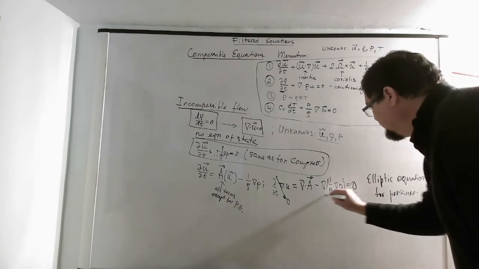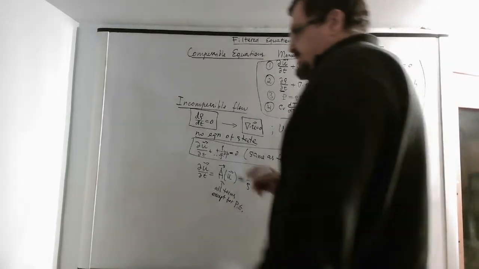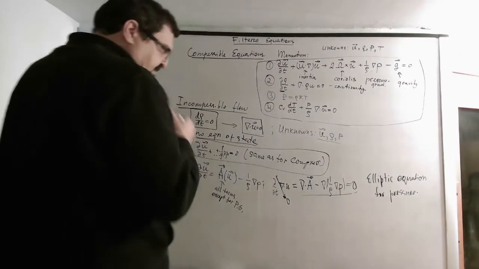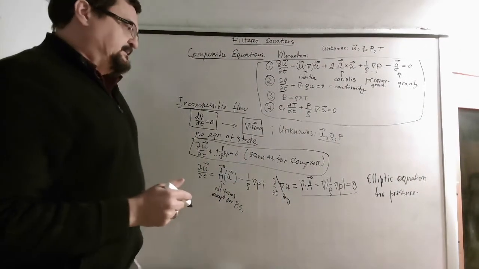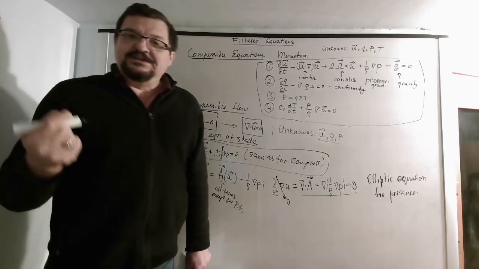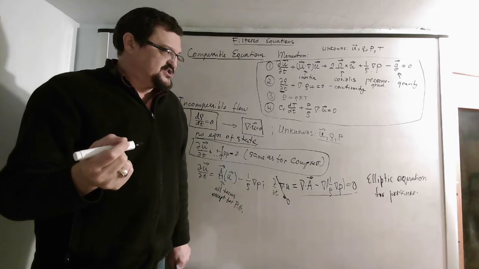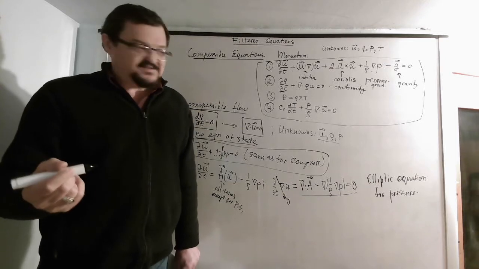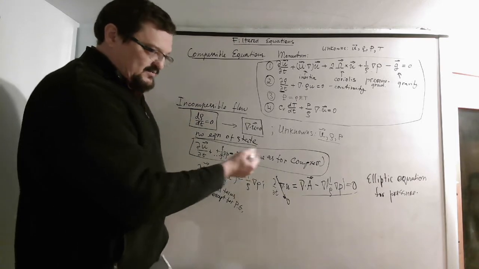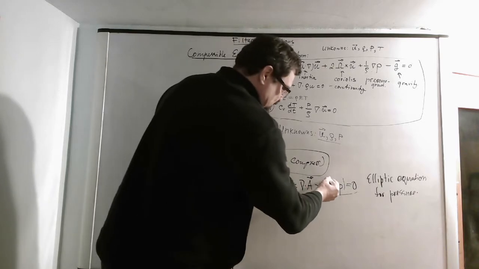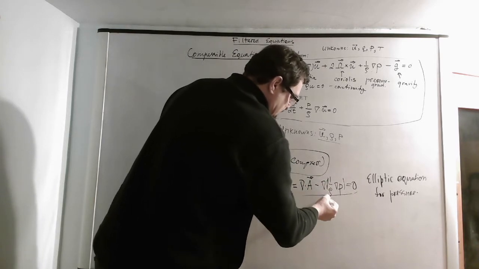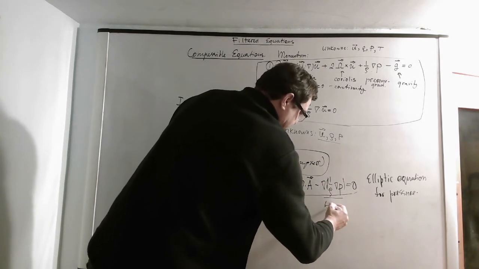We need to solve it with some appropriate boundary conditions we're not going to talk about here. That's why we talked about elliptic equations in one of the previous lectures. So that's what you need to use now. This is basically the Laplacian.